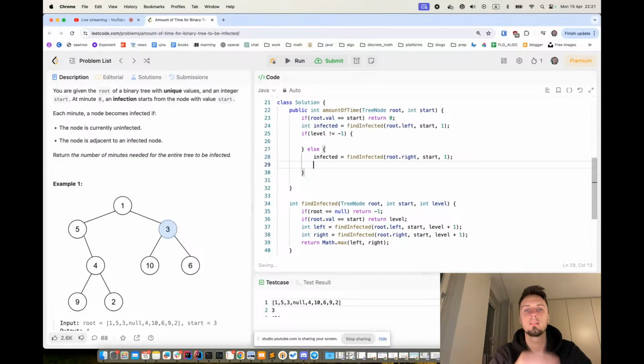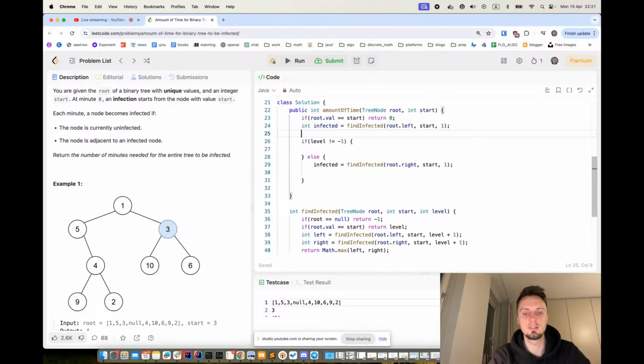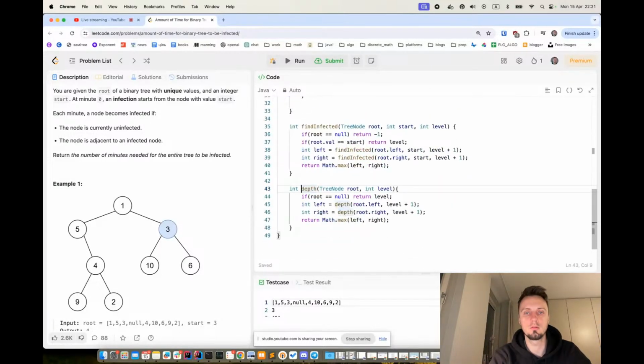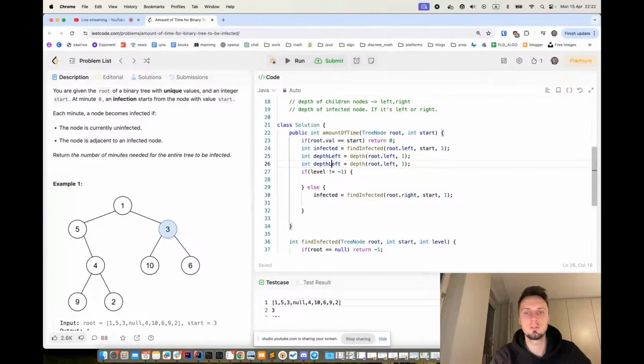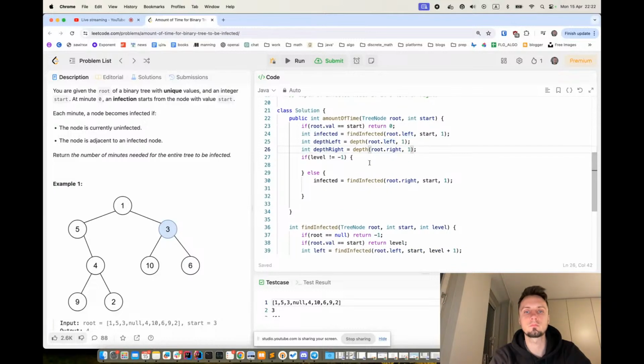Then we find the depth left, calling this function with root left and 1, and depth on the right with root right.